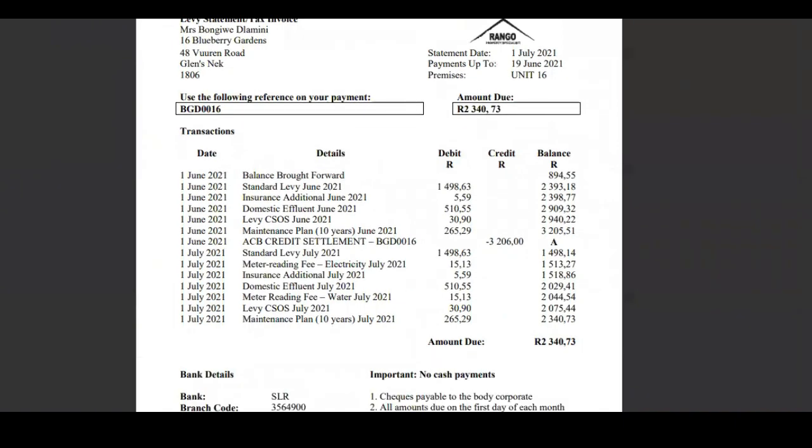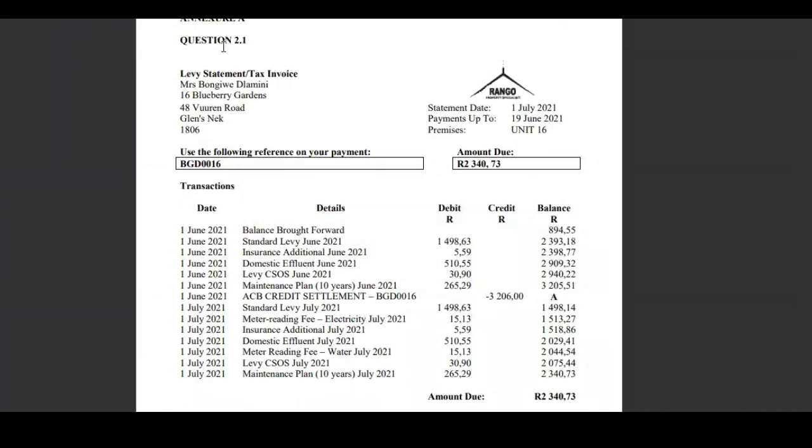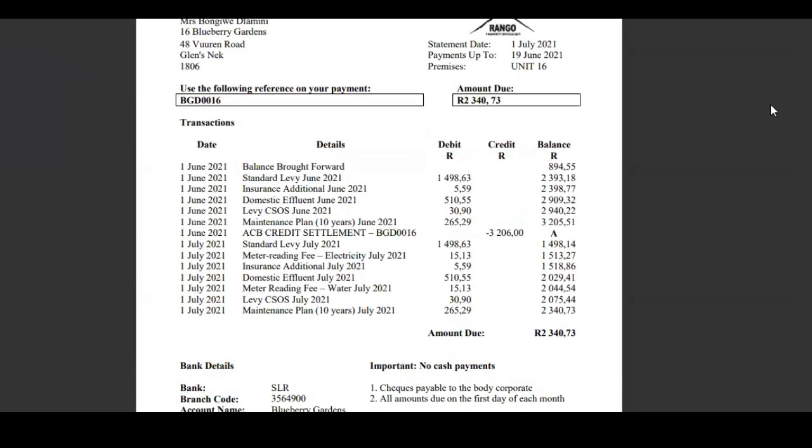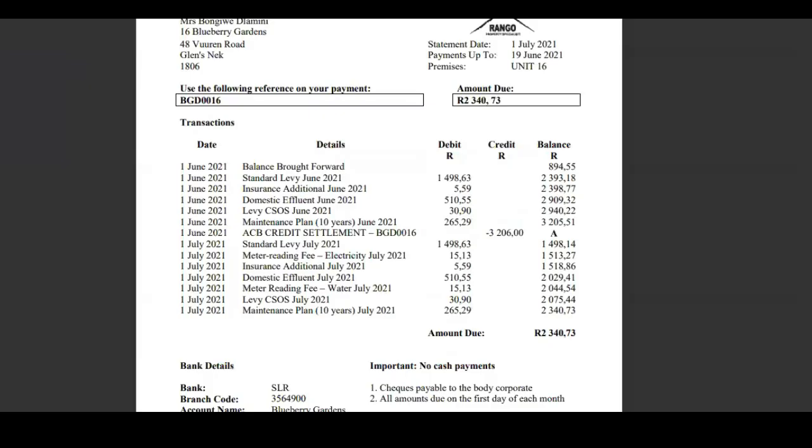Take a clear look at it very well, as you are answering annexure A 2.1. It asks us to write down the reference number that Bongwe must use when she pays her account. So we come here to the annexure. The reference number, it was this one here.